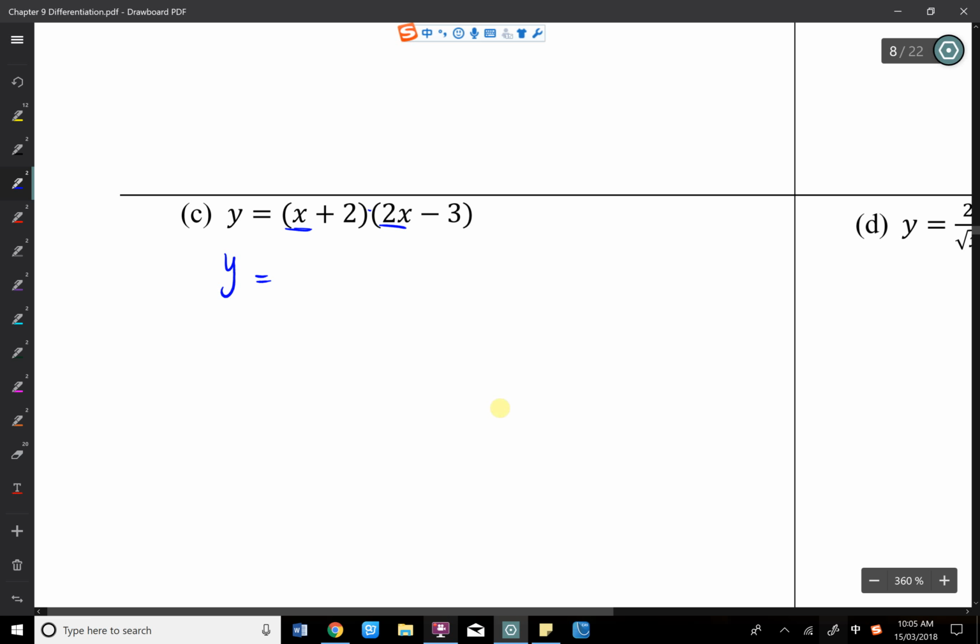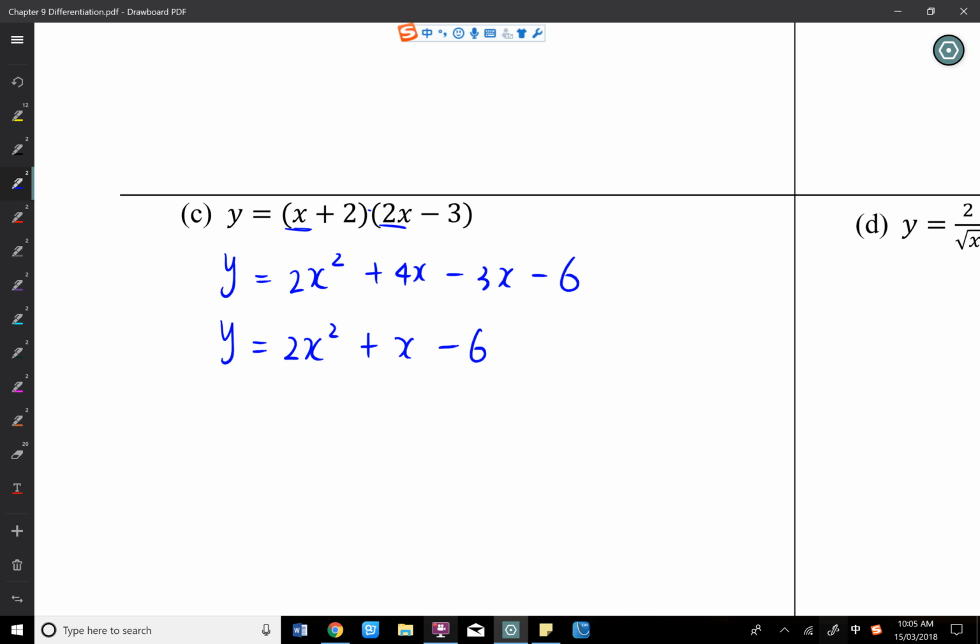So y equals 2x squared plus 4x minus 3x minus 6, which is 2x squared plus x minus 6.